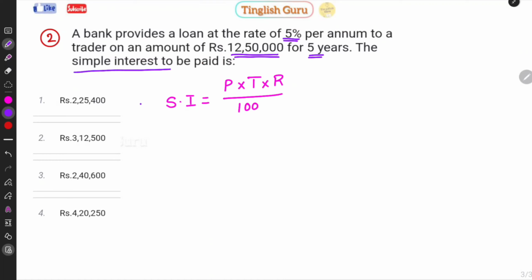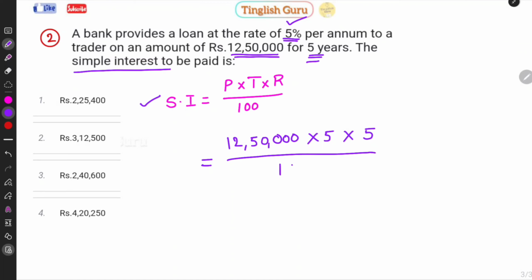The formula for simple interest is SI equals PTR, that is P into T into R divided by 100. What is the principal here? 12,50,000 is the principal, into what is the time? 5 years, that is into 5, into what is the rate of interest? That is 5%, so 5 divided by 100.